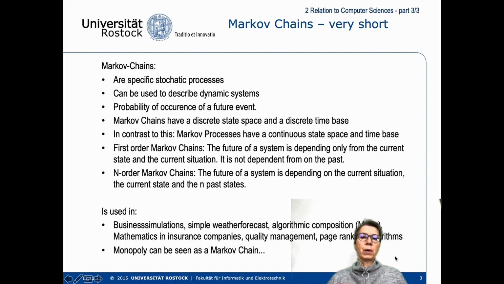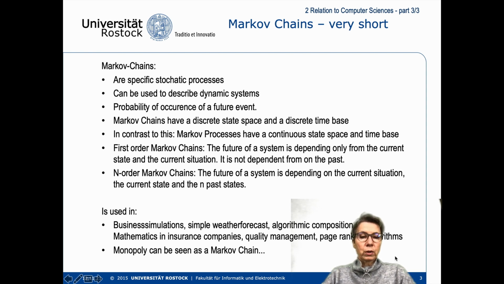The n-order Markov chains take into account the history: the current state and n past states. So you can model either a process with a sort of memory, or a process with no memory at all. What I mean here is not a Markov process, but a sequence of steps like in a Markov chain.